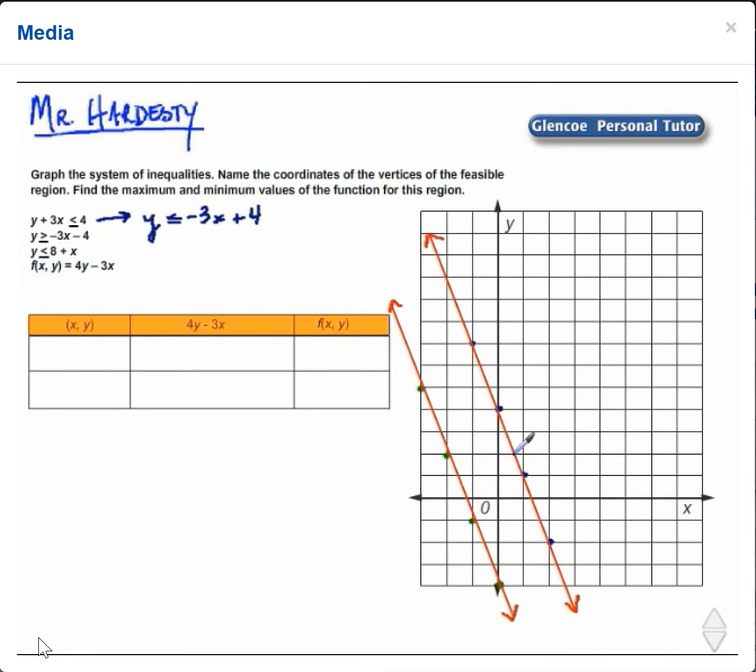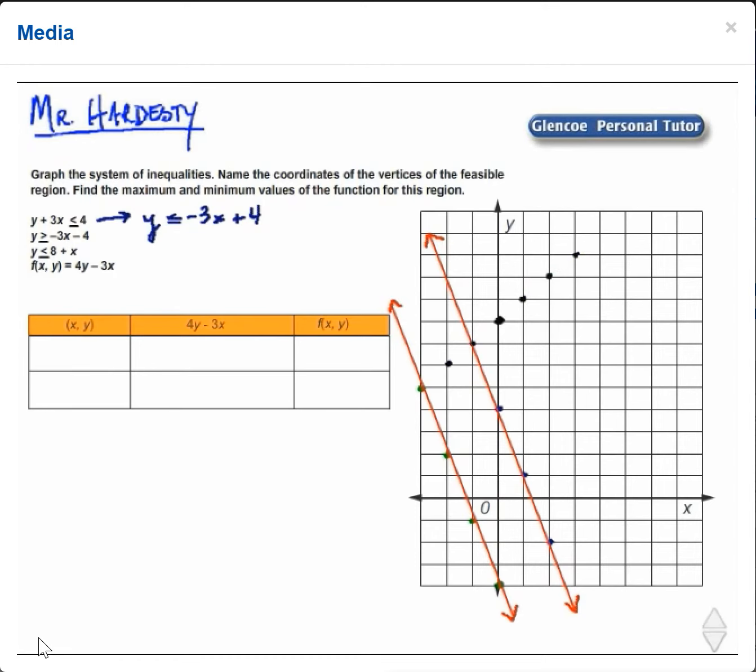We have one more to graph. y less than or equal to 8 plus x means 8 is our y-intercept, and the slope of this line is 1, the coefficient on x. So we're up 1 and over 1, or down 1 and over 1.